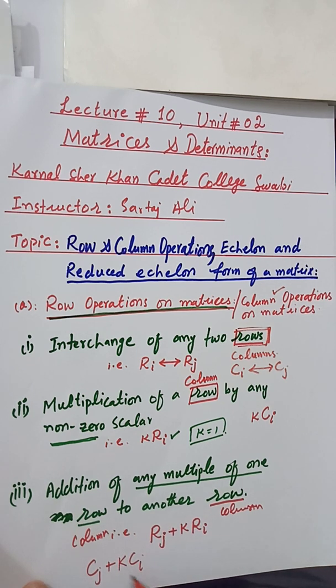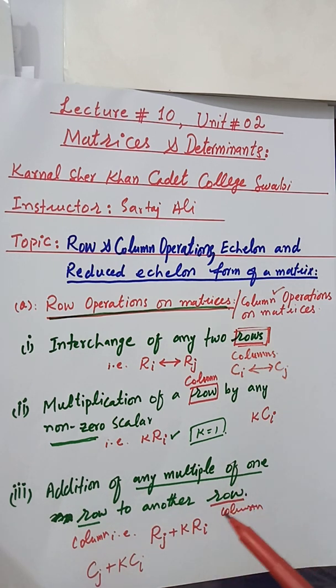You see that this K Ci is actually the scalar multiple of the column Ci. So any multiple of one column can be added to another column. So these are the three column operations. These are the three row operations, and these are the three column operations.